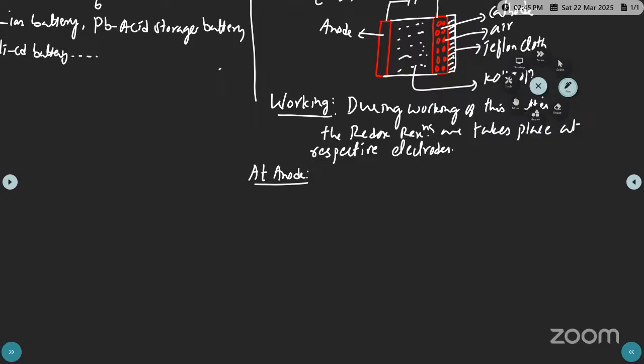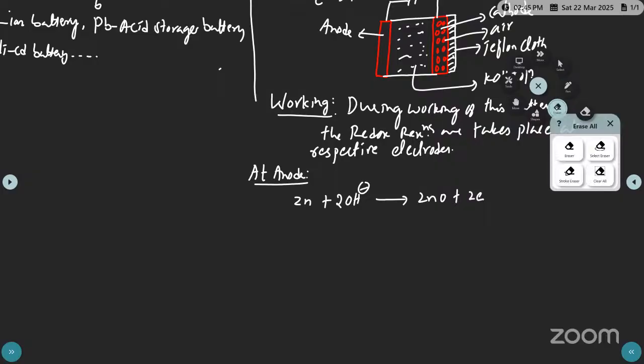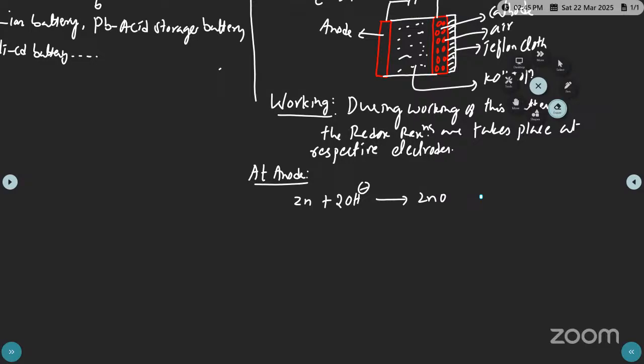Right. So at anode, zinc involves in the oxidation in the presence of OH minus ions. So it involves in the oxidation by ZnO plus H2O plus 2 electrons.